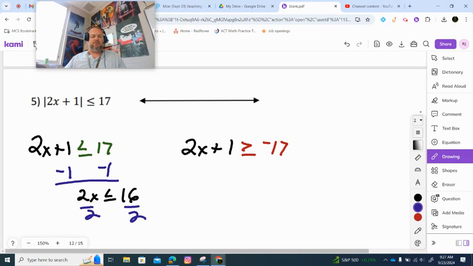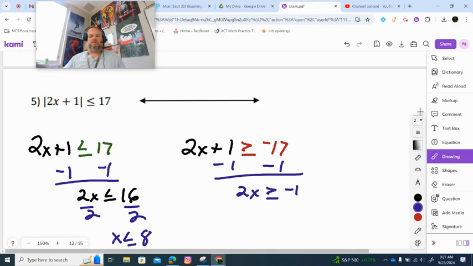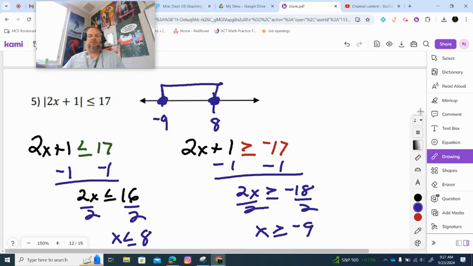All right, so this should be x is less than or equal to 8. Minus 1, minus 1. Is greater than or equal to negative 18. Divided by 2, divided by 2. x is greater than or equal to negative 9. All right, so negative 9, 8. Both of these are closed. You could do the up and over. You can shade in between. I don't care.